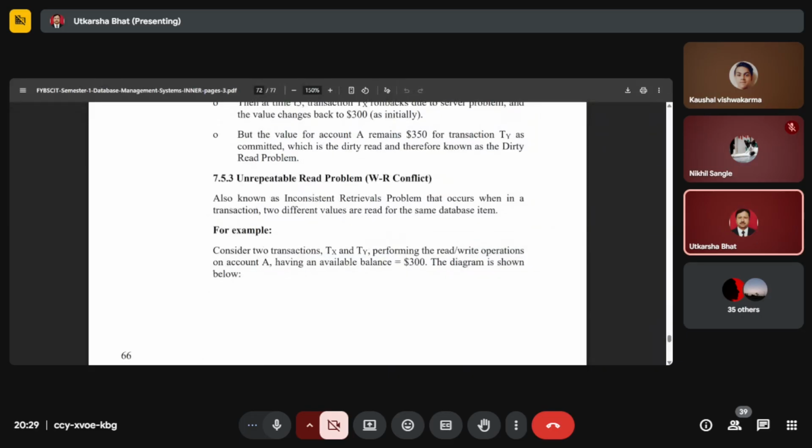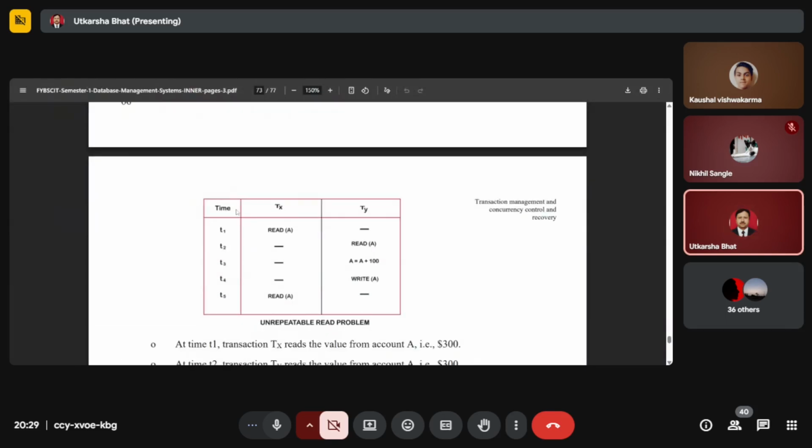For example, consider two transactions Tx and Ty performing read-write operations on account A, having an available balance equal to $300. The diagram is shown below, with time T1 to T5 for Tx and Ty.